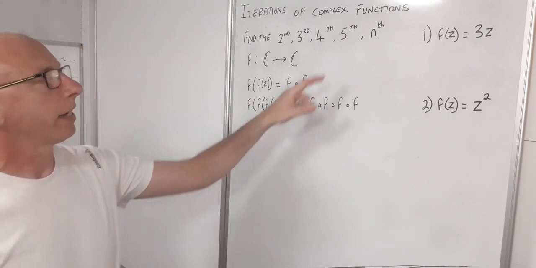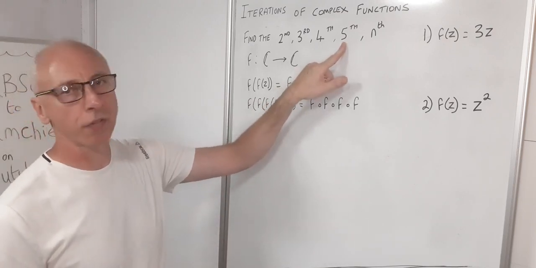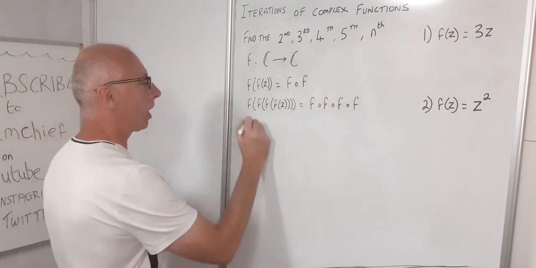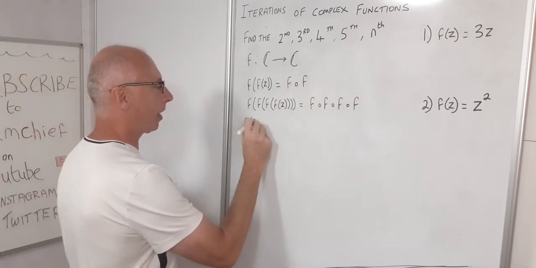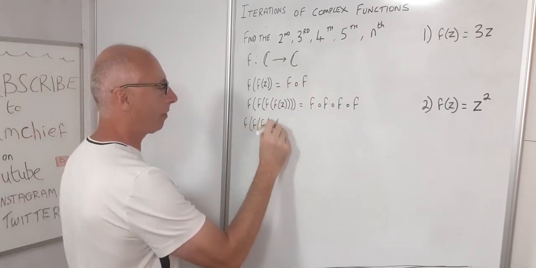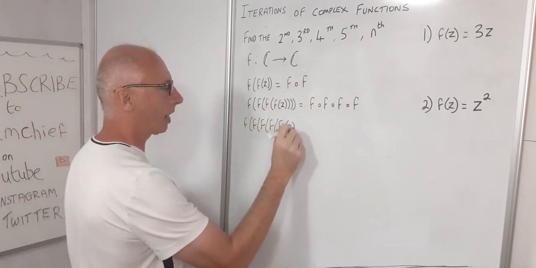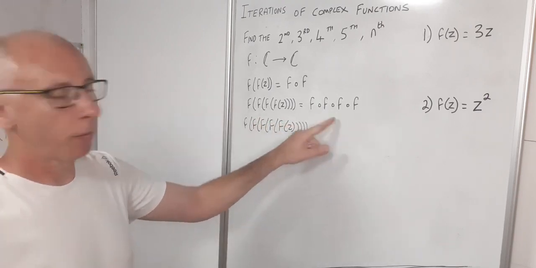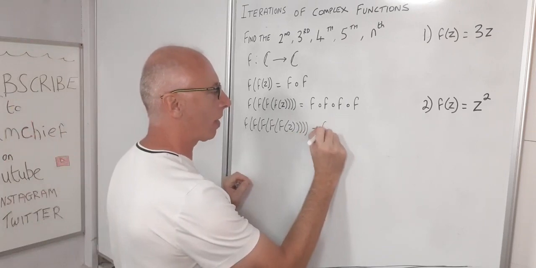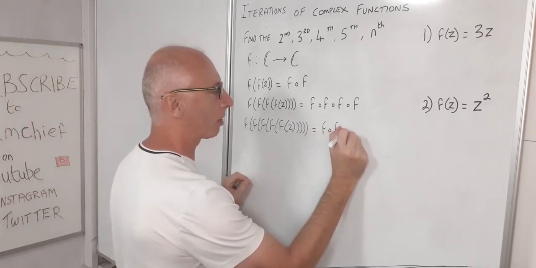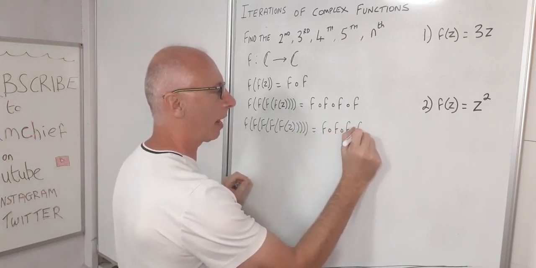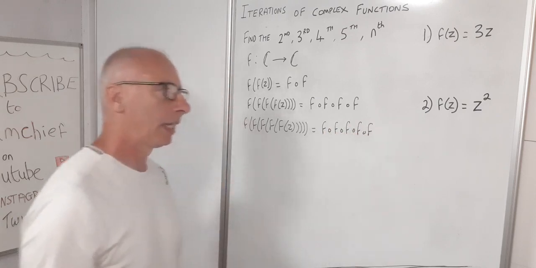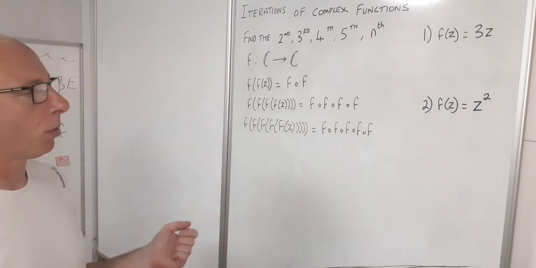Okay, now there's a rule we can use for the fifth one. We could write that one as f to the 5 of z, and in composition terms, we could obviously write that as f circle f circle f circle f circle f. And there's another rule we can use.